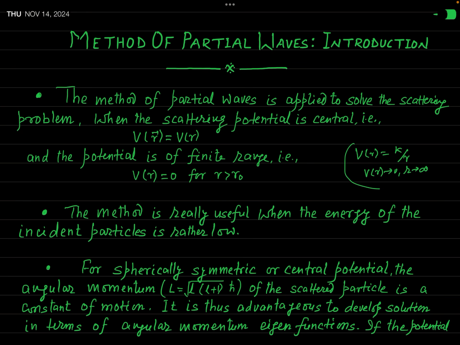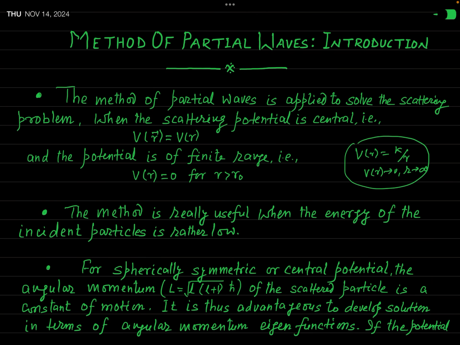So this Coulombian potential is of infinite range. So you can say that method of partial waves cannot be applied in case of Coulombian potential, okay, because it is of infinite range. But if the potential is of finite range, it vanishes after a certain distance from the scattering center, then this method will be applicable.